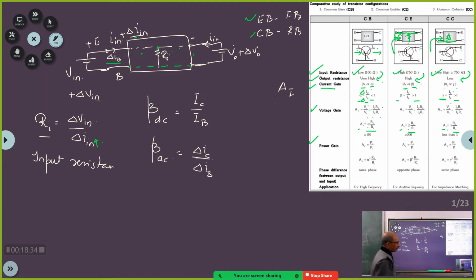Got it? So when the input signal is varying and you want to know the gain, you will go for this. But when you are doing the biasing, you will go for this. And there is a small difference between these two values.